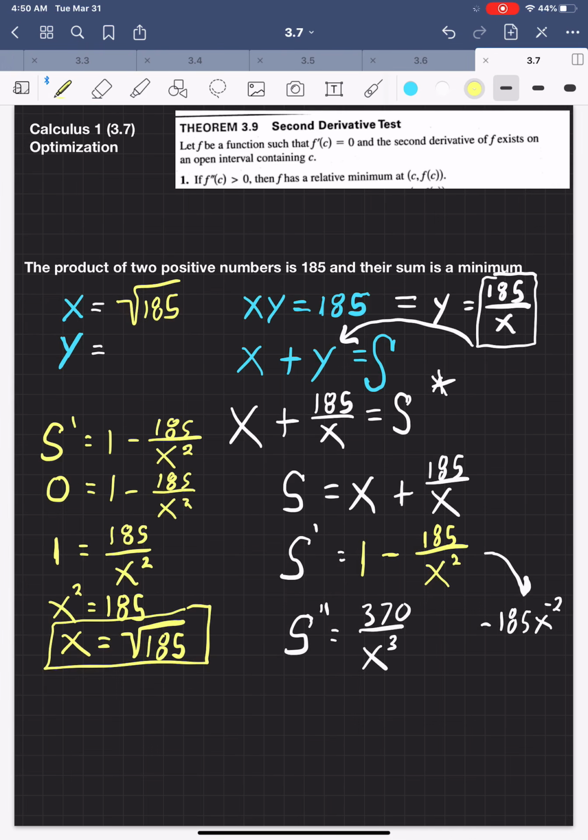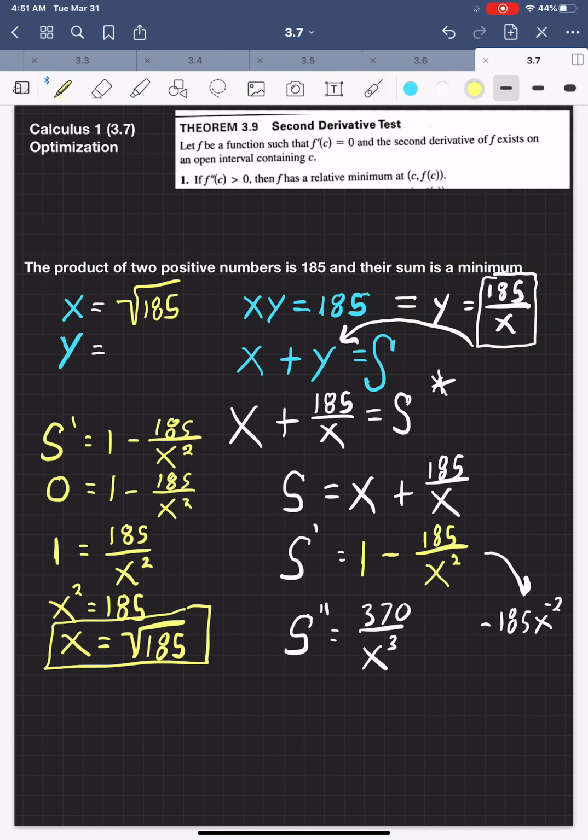So, will you agree with me that, let's go to this equation right here, where y, ready? I'm going to box it in for you, where y is equal to 185 over x. So you agree with me that if I know what the x value is, I can get the y value, correct?